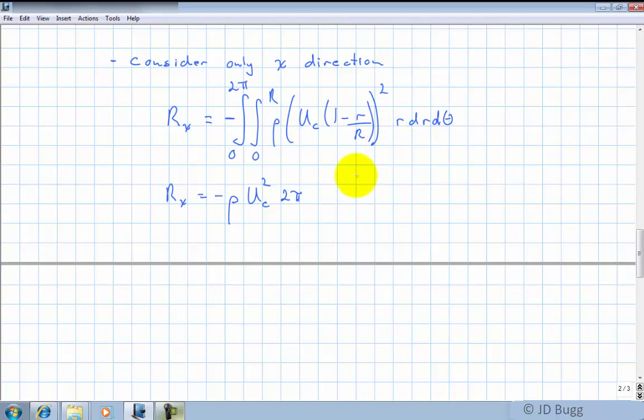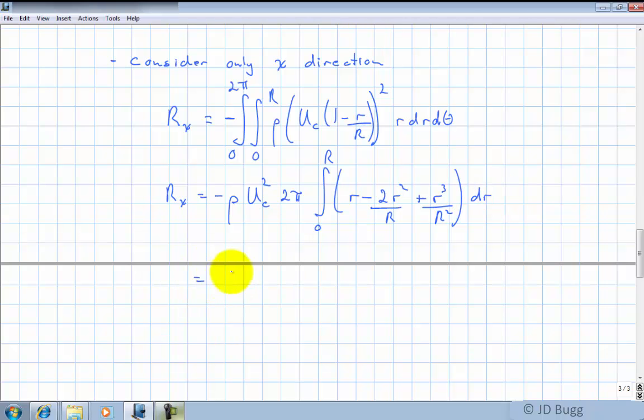Nothing in there depends on theta. And then our r is 0 to R, so we're integrating 1 minus r over R, squared, so I'm just going to square that out. So that's r minus 2r squared over R plus r cubed over R squared. And remember, there's an r here as well that I've distributed into there, and dr.